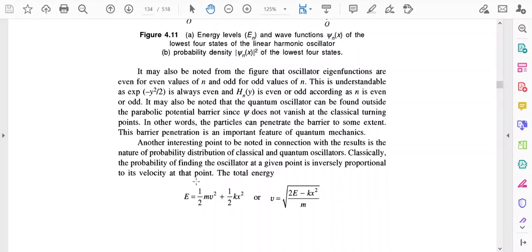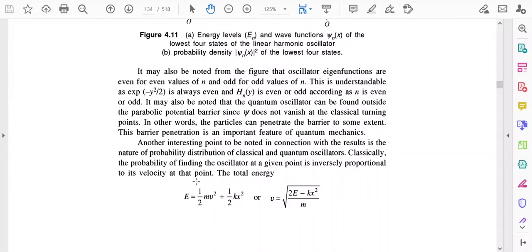In the beginning of the lecture on the quantum harmonic oscillator, we started from the classical harmonic oscillator, and there we said that the velocity is 0 at the boundaries, that is the turning points, where the direction of the velocity changes and the object spends the maximum time.